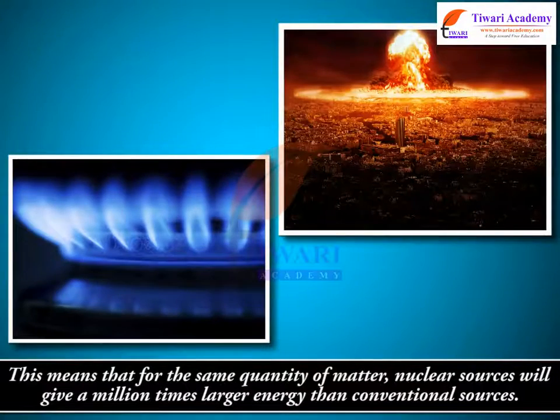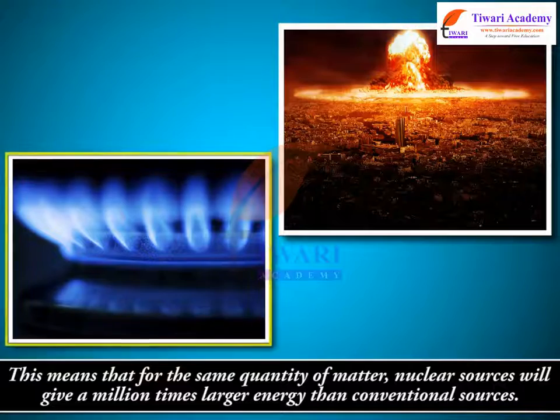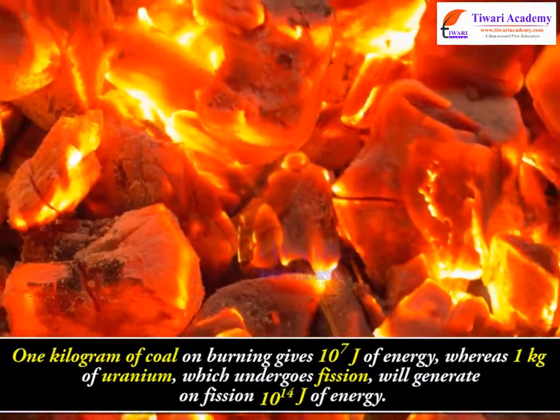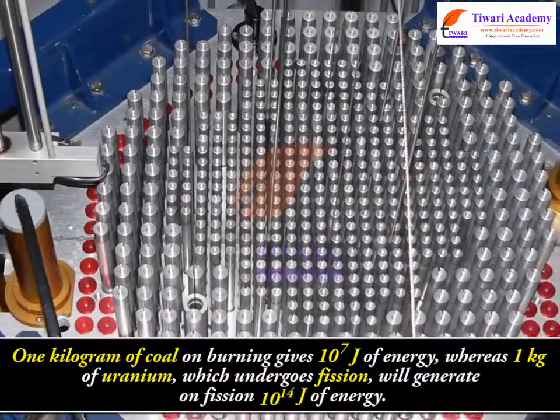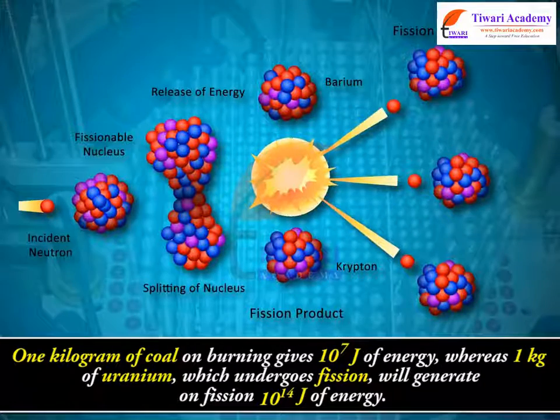This means that for the same quantity of matter, nuclear sources will give a million times larger energy than conventional sources. 1 kilogram of coal on burning gives 10^7 joules of energy, whereas 1 kg of uranium, which undergoes fission, will generate 10^14 joules of energy.